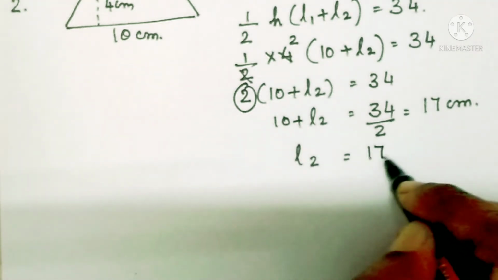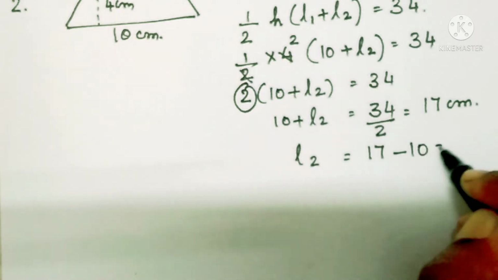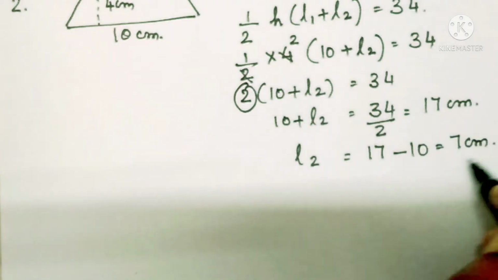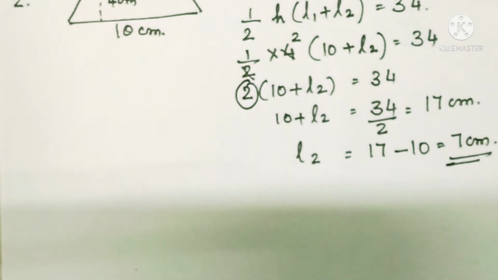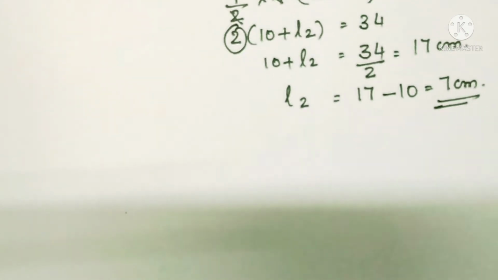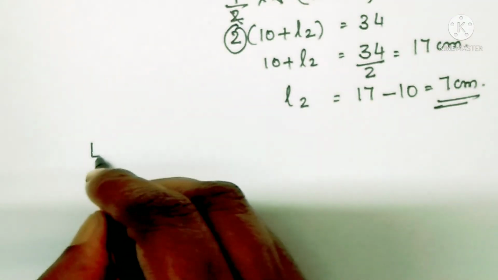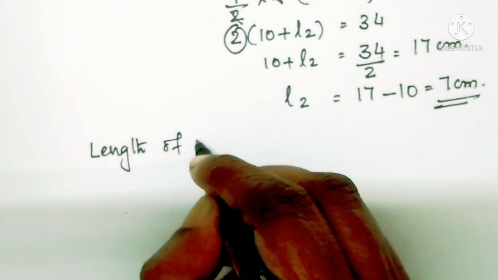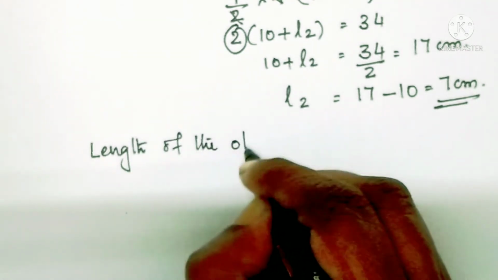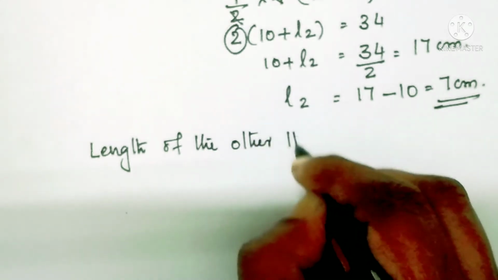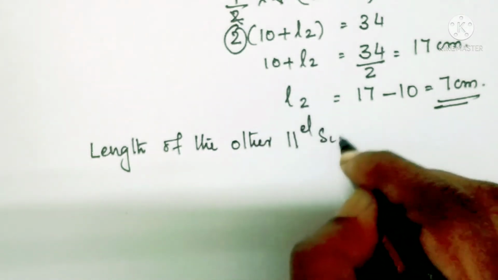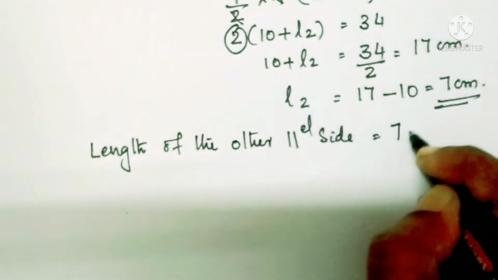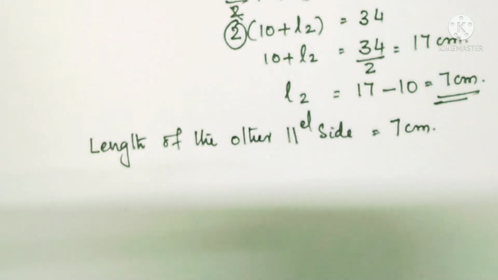L2 is equal to 17 minus 10, which is equal to 7 centimeter. So the length of the other parallel side is equal to 7 centimeter.